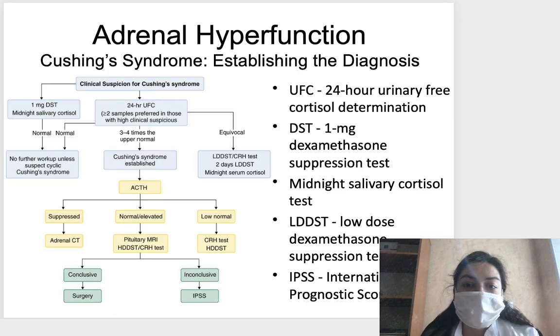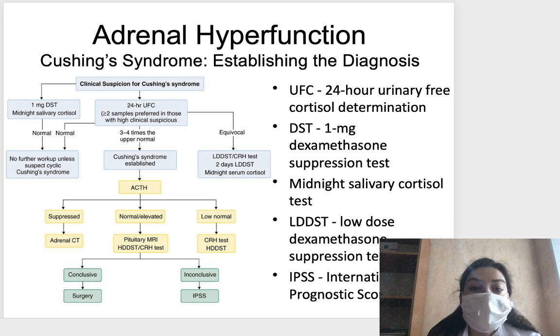Establishing the diagnosis. Yes, we have a patient with suspicion for Cushing's syndrome. We should perform the 1 milligram dexamethasone suppression test and 24-hour urinary free cortisol determination. If the result of the dexamethasone test is normal, no further workup unless clinical suspicion of Cushing's syndrome.